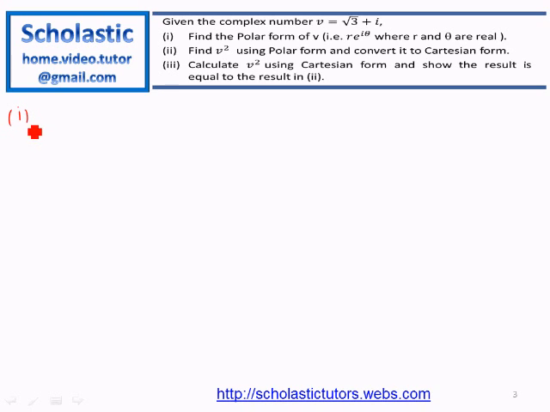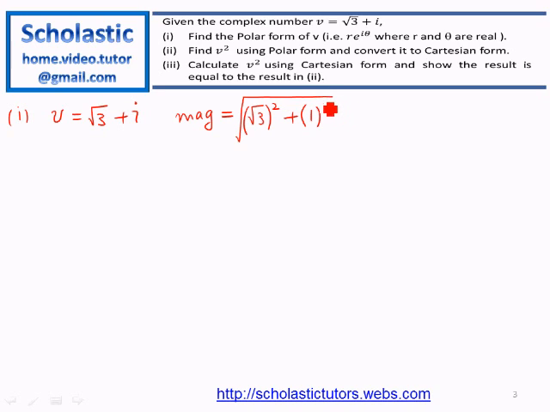So we have v equal to root 3 plus i, and to make this polar form we need to find the magnitude of the complex number, which is the real part squared plus the coefficient of the imaginary part squared, and then take the square root of the whole thing.